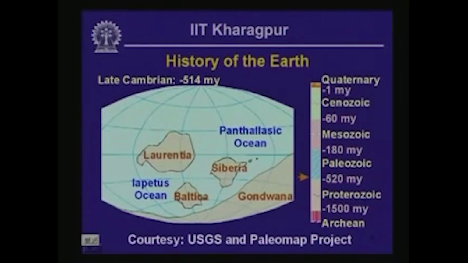And Laurentia really is the landmass which covers much of North America at the present time. This is the map of the globe about 514 million years ago. This is near the beginning of the Paleozoic era. What you have here is an ocean near the southwest called the Iapetus Ocean, and you also have the Panthalassic Ocean as earlier.